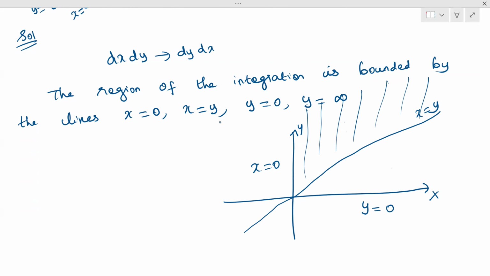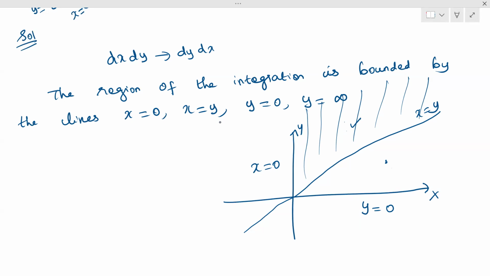If you choose the lower part, it has the lines x equal to y and y equal to 0, but x equal to 0 and y equal to infinity are missing. If you choose the upper part, it is bounded by x equal to y, x equal to 0 and y equal to infinity. So the upper part is our region.